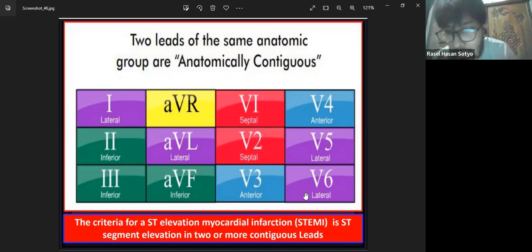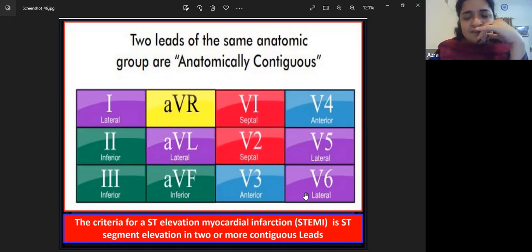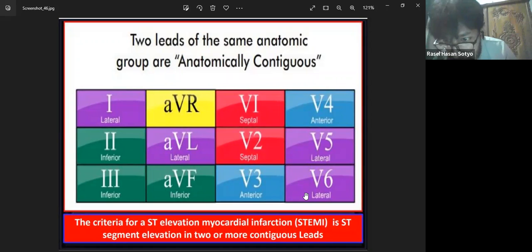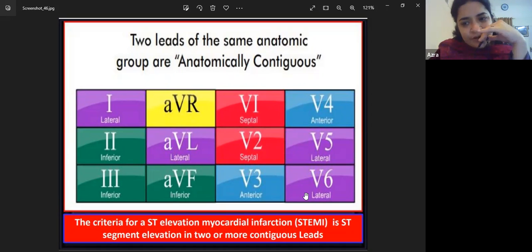So what does high lateral MI indicate, high lateral or true posterior MI? I didn't understand, I didn't get your point. What do you want to ask?